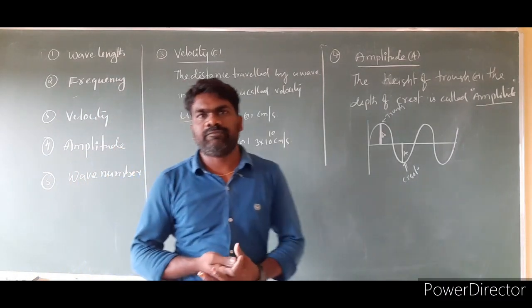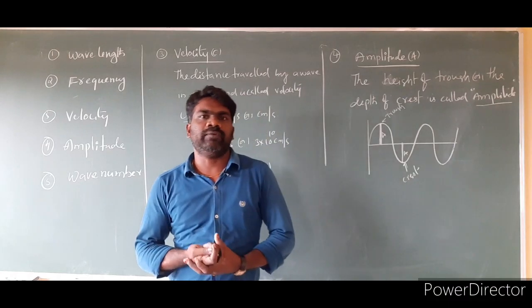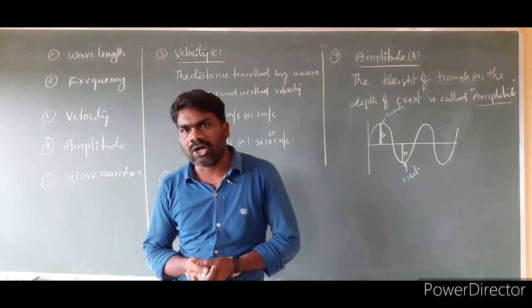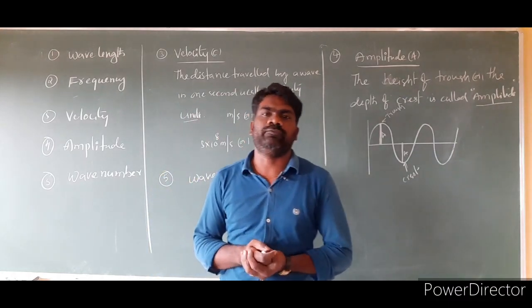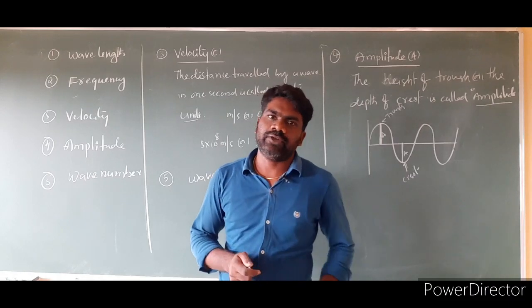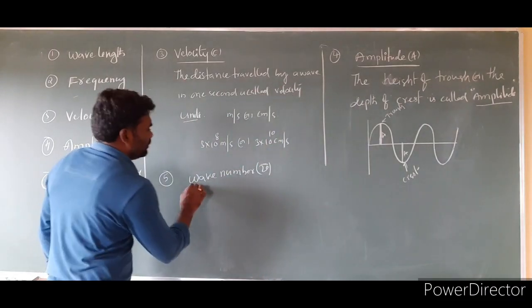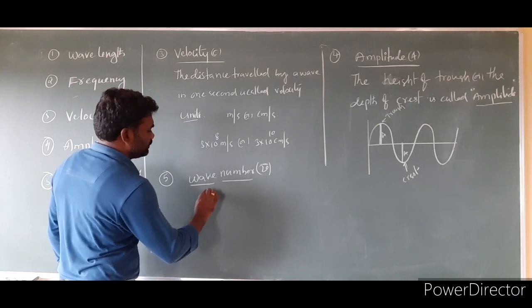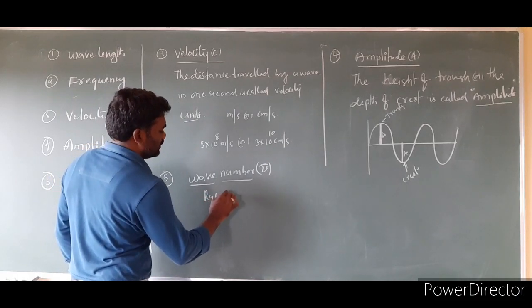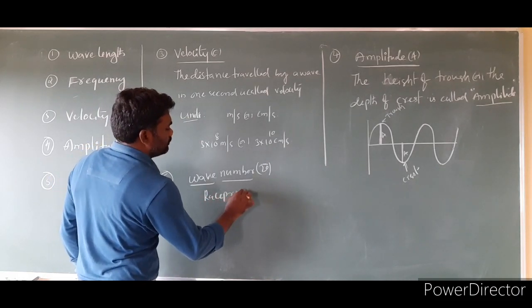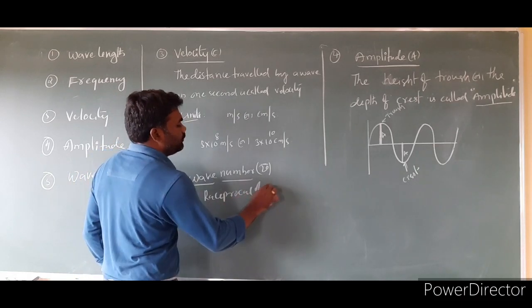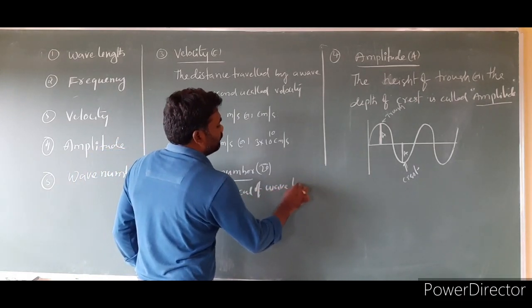The wave number is defined as the number of wavelengths per unit length, or the reciprocal of wavelength is also called a wave number. Wave number is defined as the reciprocal of wavelength.